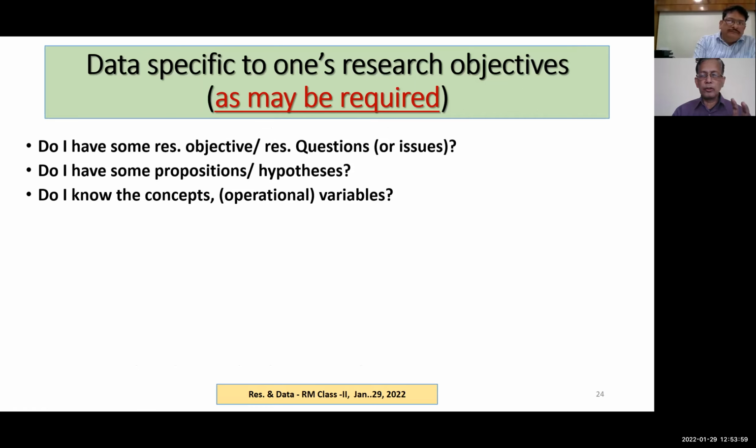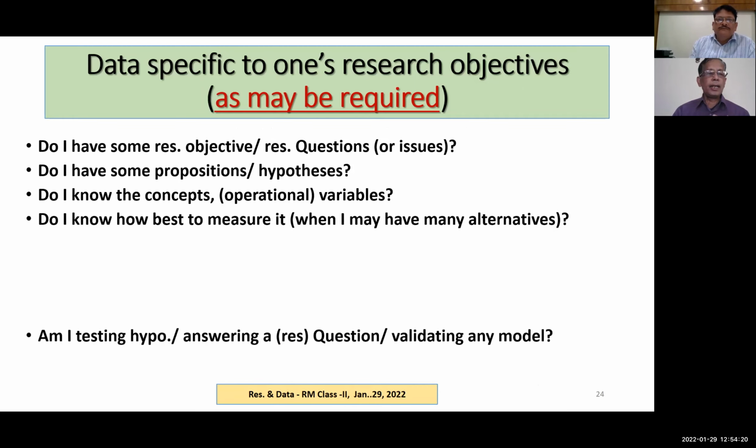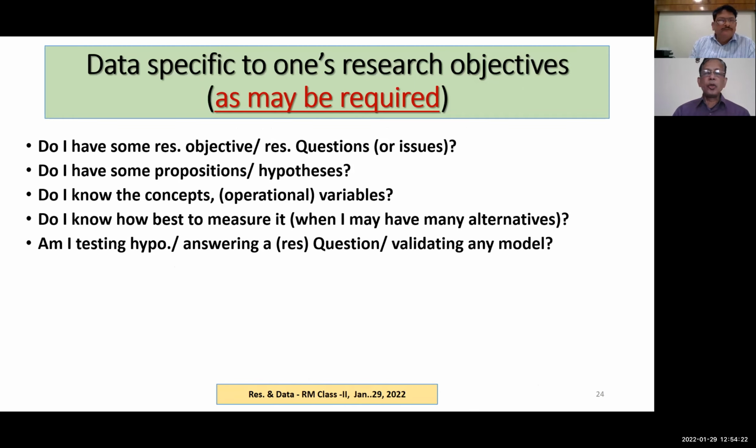I know the concept. I'm always repeating concept, construct, variables. As a quantitative researcher, I'll be using variables, meaning operational variables. Some other time I'll define the difference between a variable and an operational variable. Do I know how best to measure it? That is scales. And am I going to have a hypothesis and test it or not?